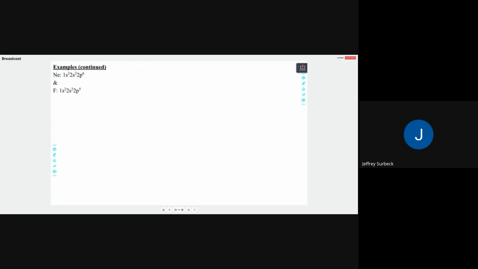Okay, so a couple of things that we need to emphasize is this. At this current state, our fluorine here has no net charge. Right now, our fluorine has 9 protons and it has 9 electrons.